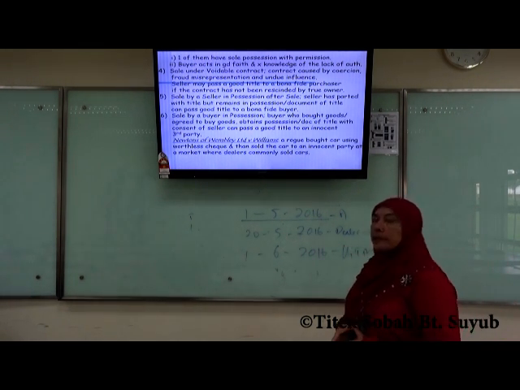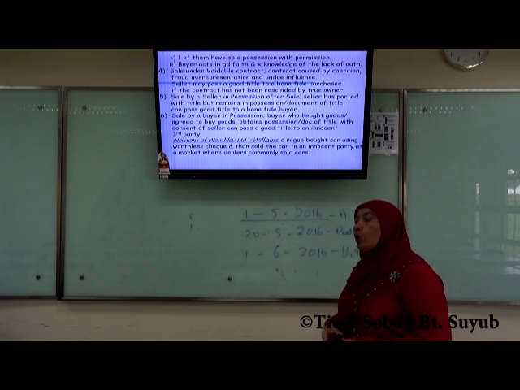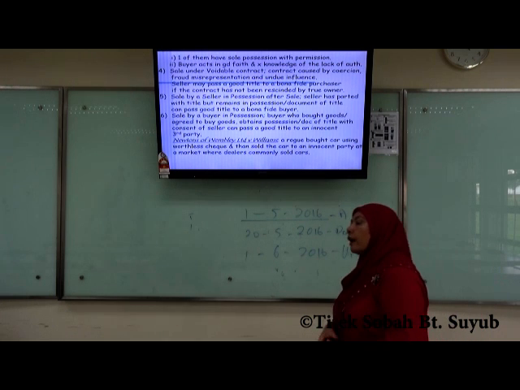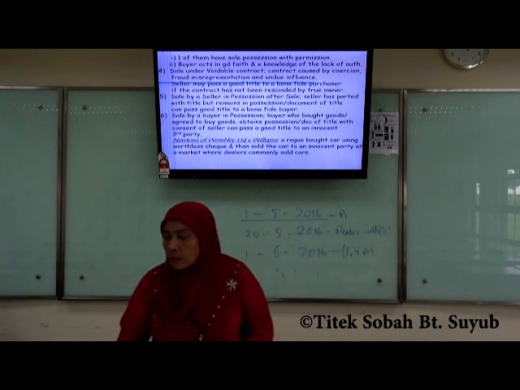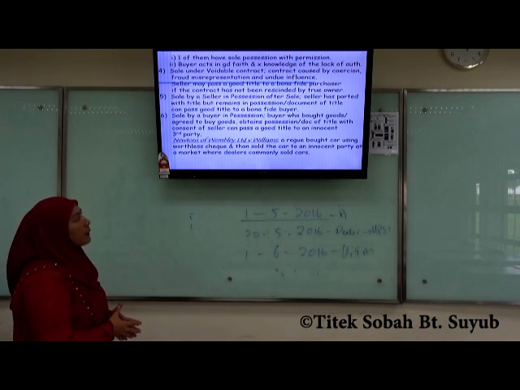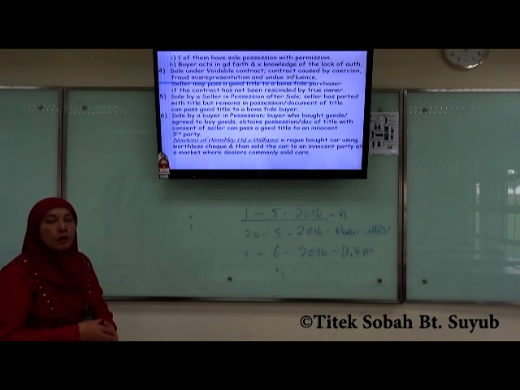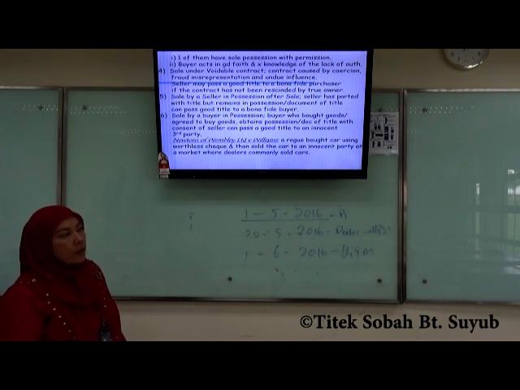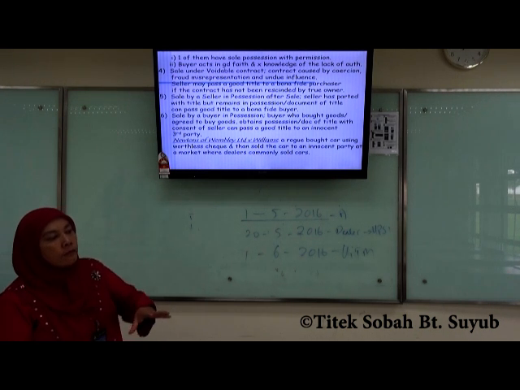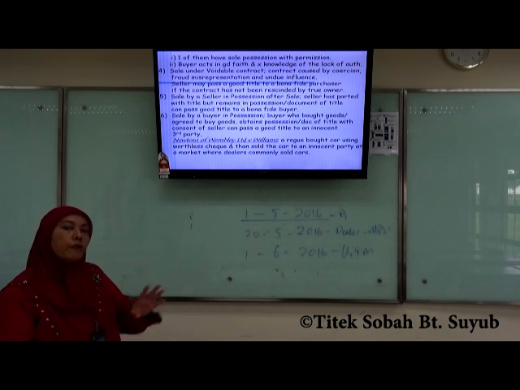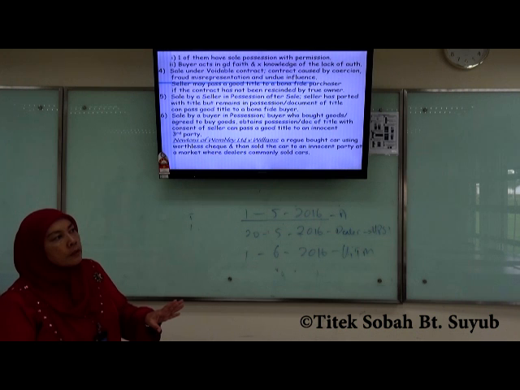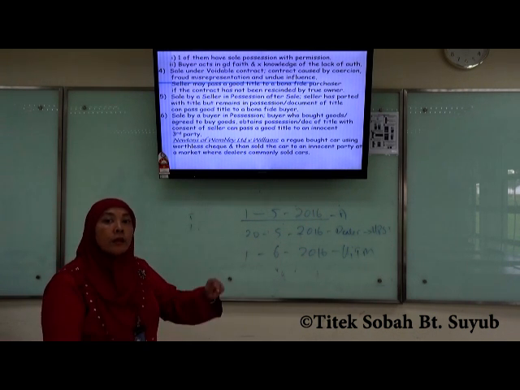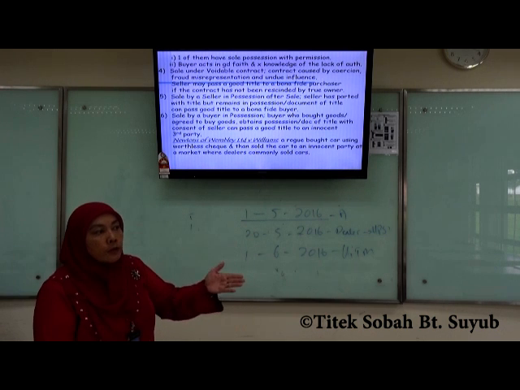Number 5, this is a sale by a seller who is in possession of the said goods after sale. So this is the situation whereby, though the said goods had already been sold to the buyer, the said goods are still with the seller. I bought furniture from Ahmed Furniture, let's say. I did not take the furniture back home.